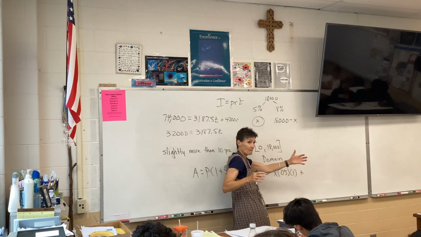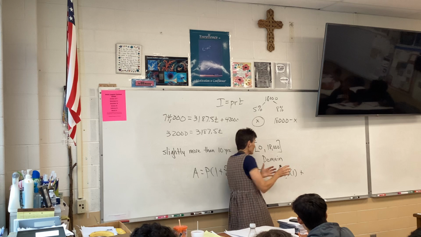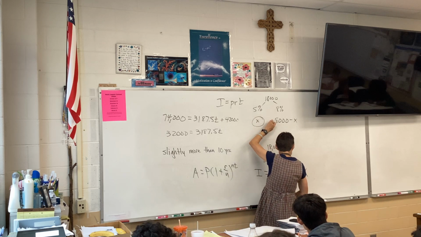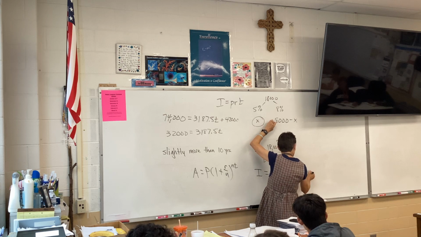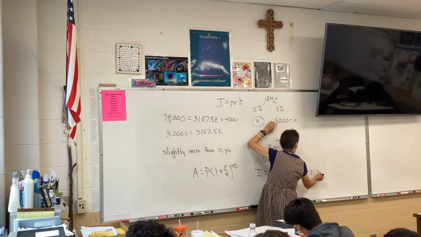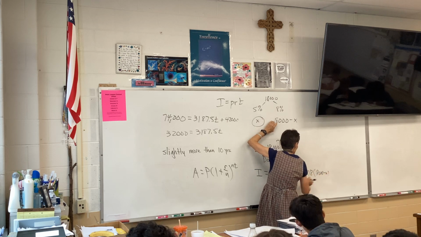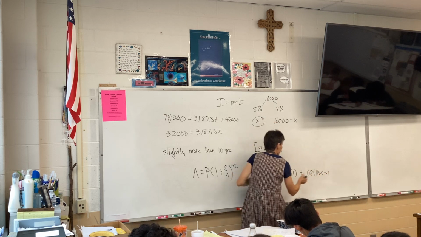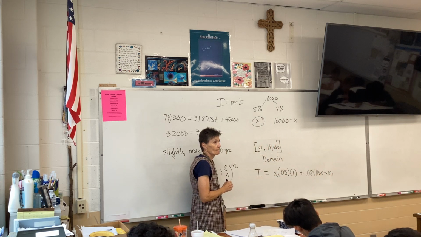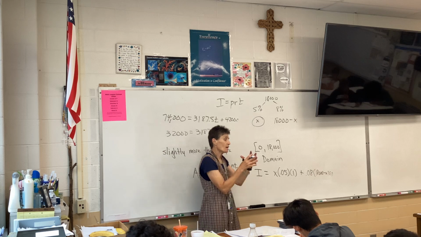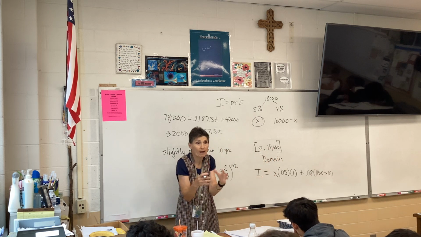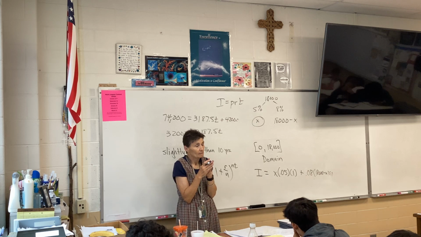Because I want the total, I added them together. So the rate is 0.08. What's the P? 18,000 minus X. And the time is 1. Since she's got her money in 2 accounts, we calculate the interest separately for each account and then just add it up. That makes sense?